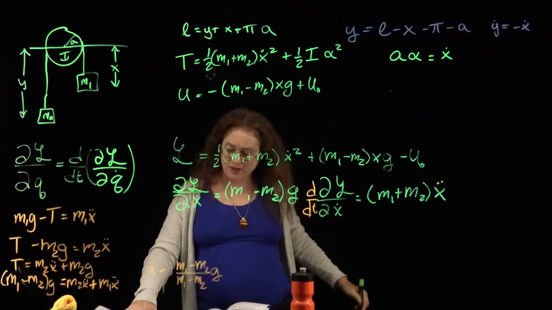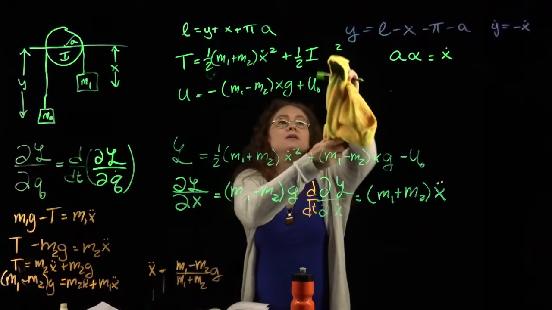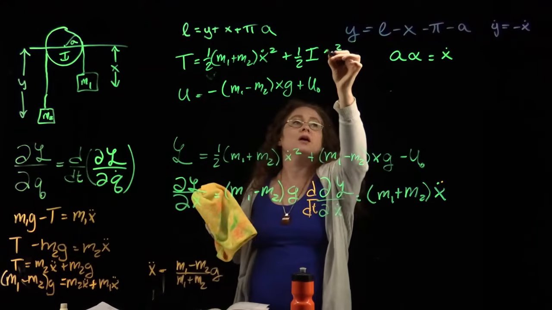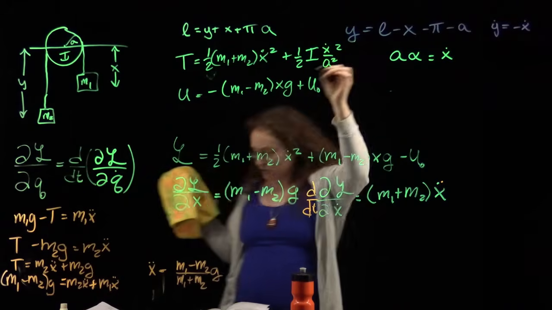So here we can write this alpha instead as x dot squared divided by a squared.